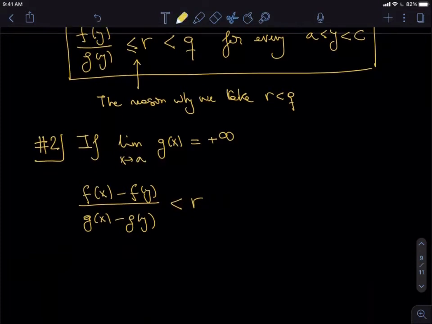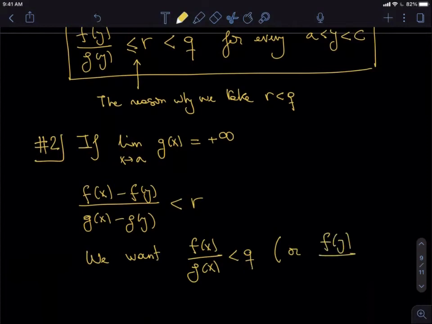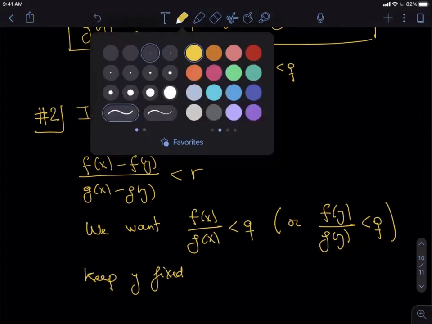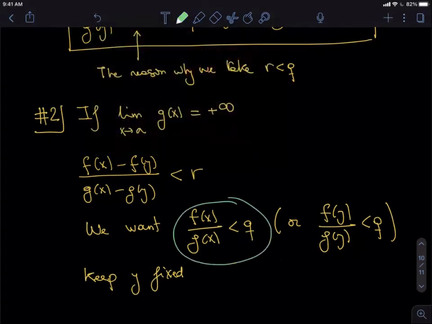Now here, always remember what we are aiming for. Here we want f(x) divided by g(x) less than q, or f(y) divided by g(y) less than q. Either of the two works. But let's say we want to keep y fixed. So we are going to aim for this one over here.